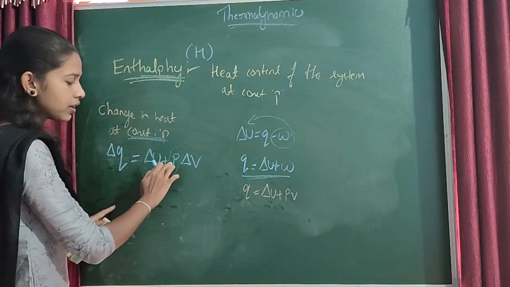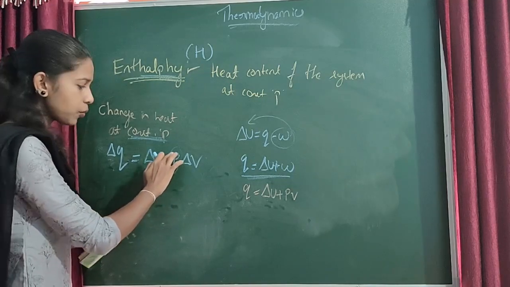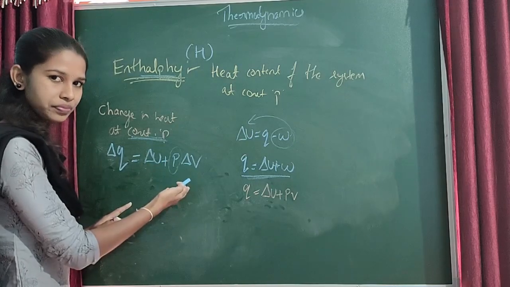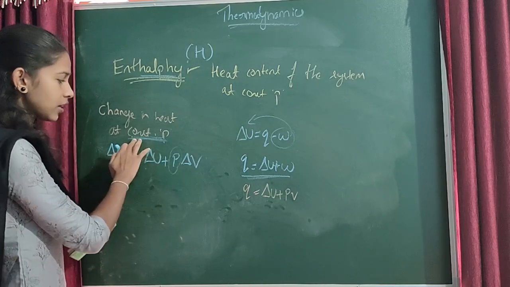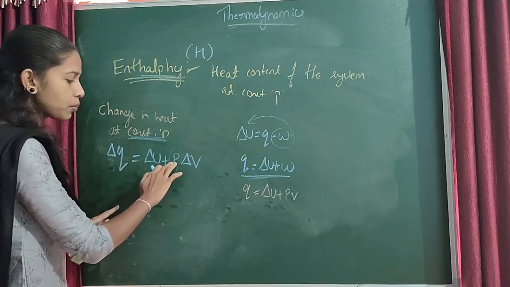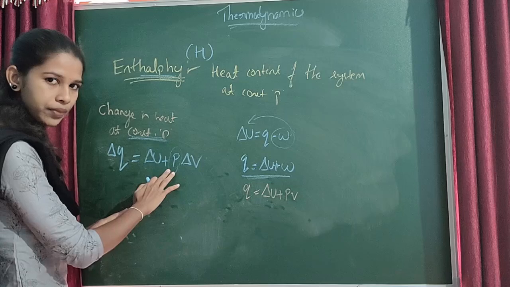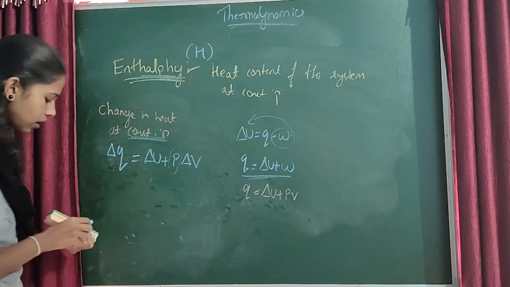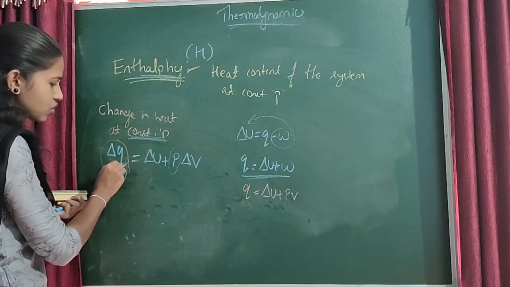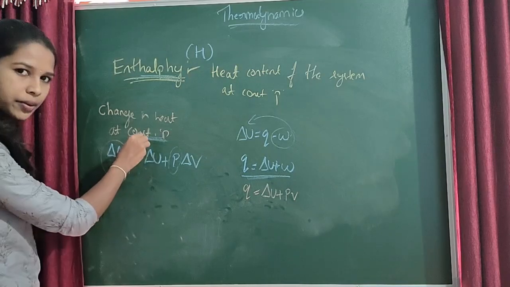Hence, we didn't put delta in front of P. If we put delta in front of P, that means pressure is also changing. But here, we clearly mentioned constant pressure, so we should not put delta in front of P. I hope you understood this. Now, see, what is this delta Q? That means change in heat at constant pressure, right?